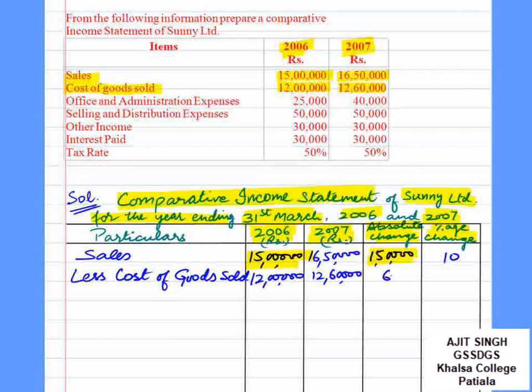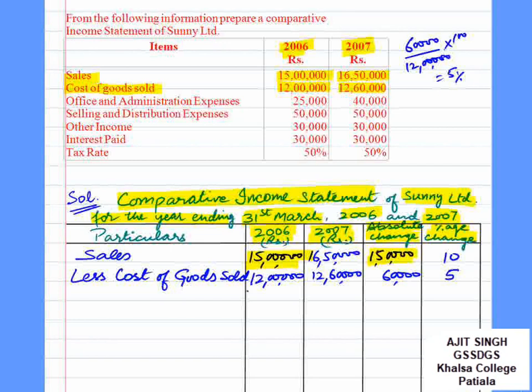Thus there is change of 60,000. Increase is there, and that is of 60,000. And percentage change is 60,000 divided by base year figure, 12 lakhs into 100. It is just 5%.